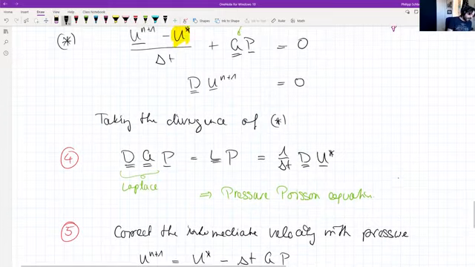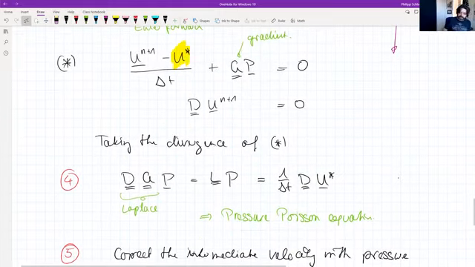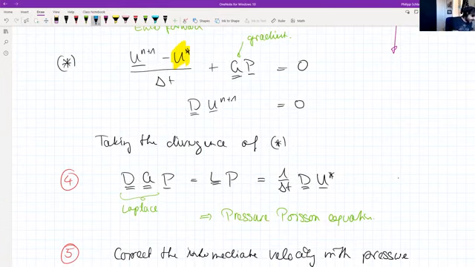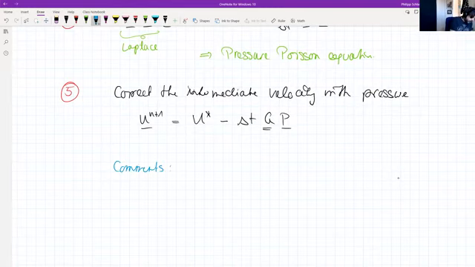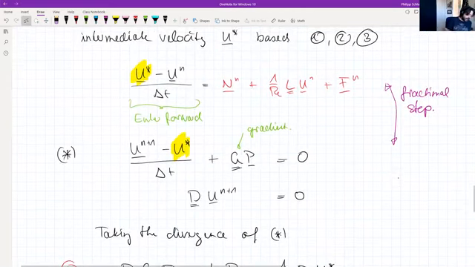Okay, I think it's 3 comments that I would like to add. The first comment is about what is the actual time for the pressure. I avoided writing down here a superscript n or n plus 1. Typically, what people write is that's kind of an implicit way of solving the pressure.